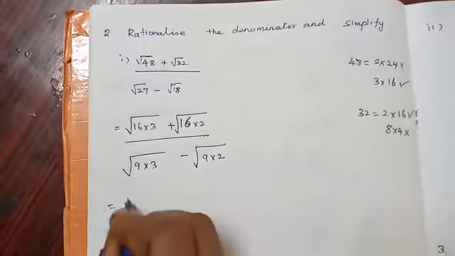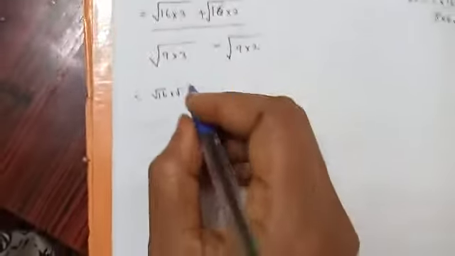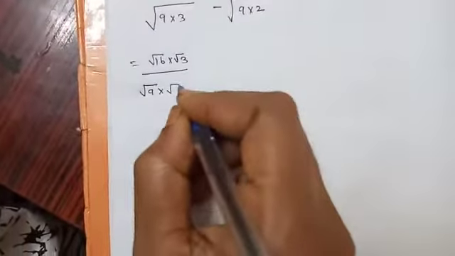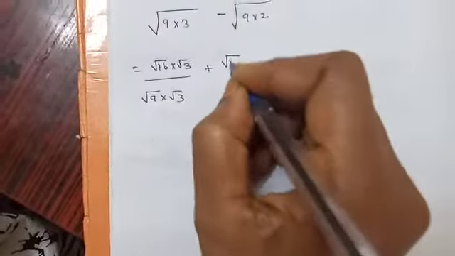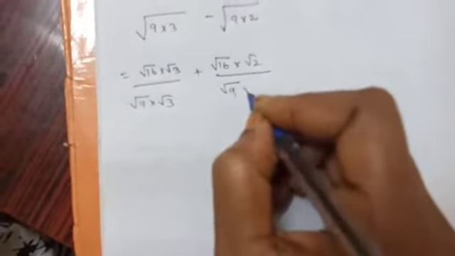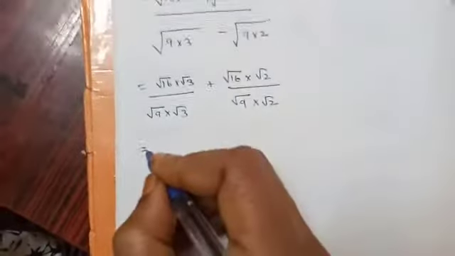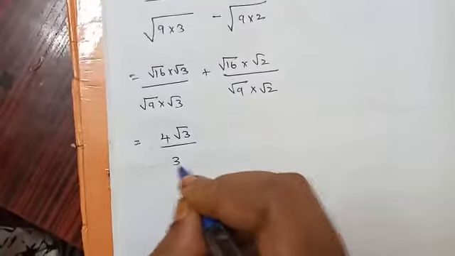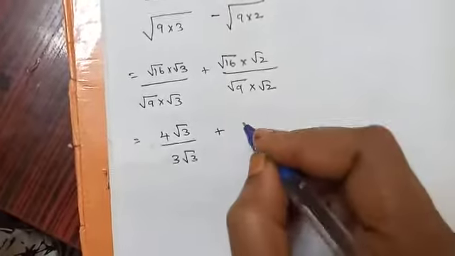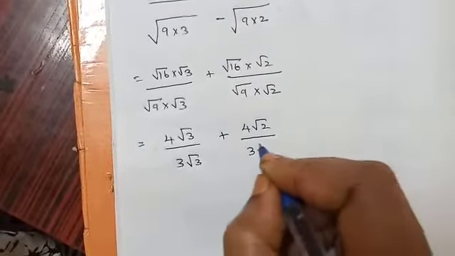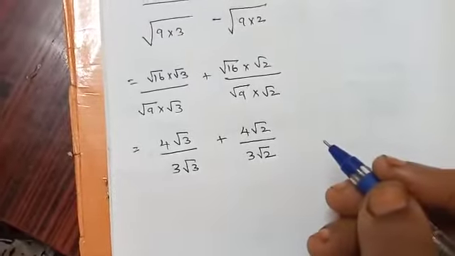So root 16 into root 3 divided by root 9 into root 3 plus root 16 into root 2 divided by root 9 into root 2. So root 16 answer is 4. 4 root 3 divided by 3 root 3 plus 4 root 2 divided by 3 root 2.